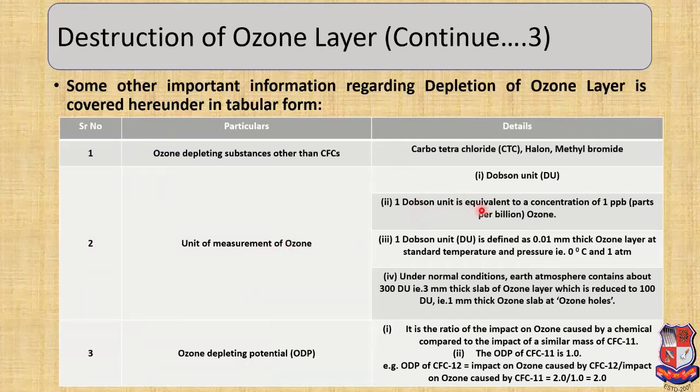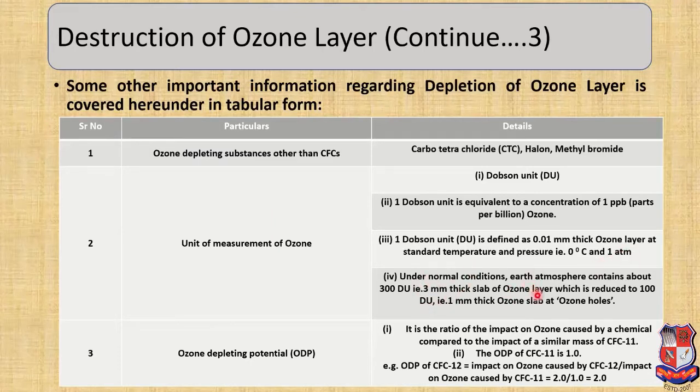Now 1 Dobson unit is equivalent to a concentration of 1 ppb, that is parts per billion, of ozone. This 1 Dobson unit is defined as a 0.01 mm thick ozone layer at standard temperature and pressure. This standard temperature is 0 degrees Celsius, and standard pressure is 1 atmospheric pressure, as mentioned here.